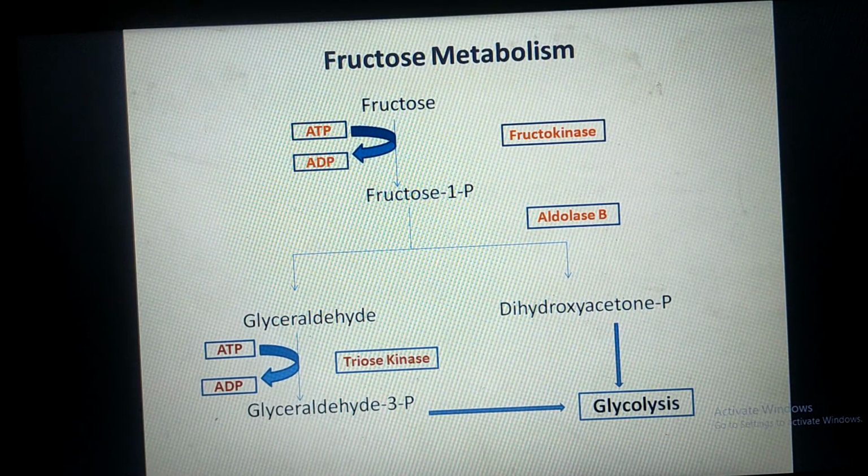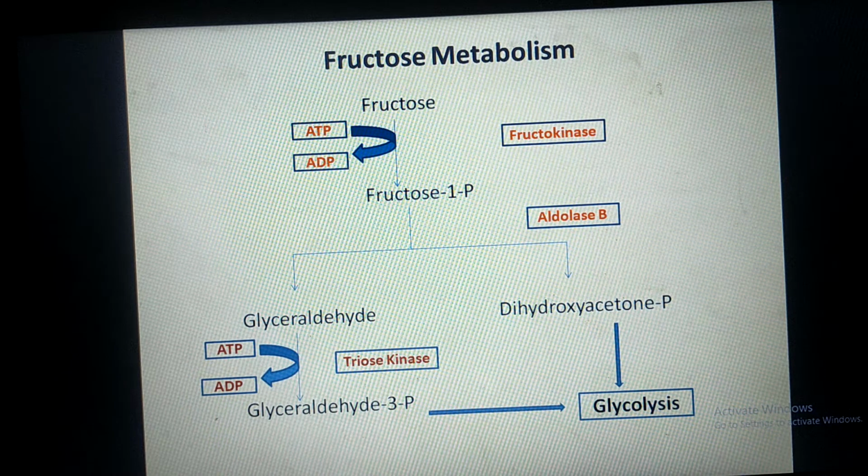So this is the actual metabolism of fructose. Fructose from the diet is first converted into fructose 1-phosphate with the help of the enzyme fructokinase in the liver. This fructose 1-phosphate is later broken down into two 3-carbon compounds, that is glyceraldehyde and dihydroxyacetone phosphate.